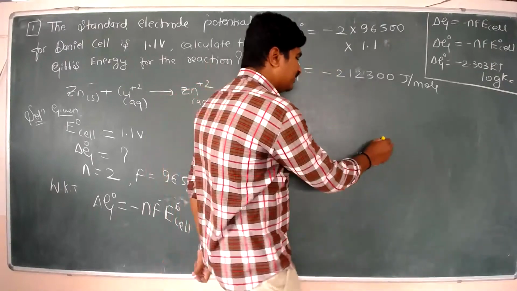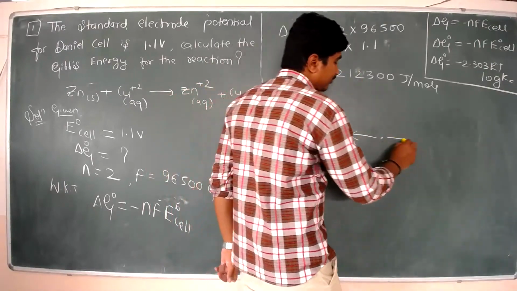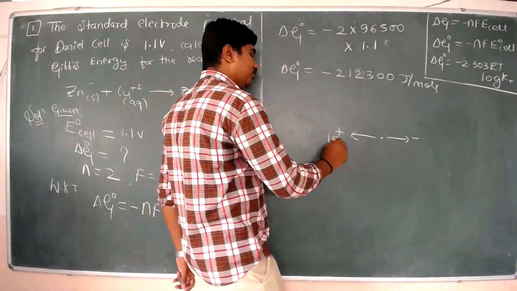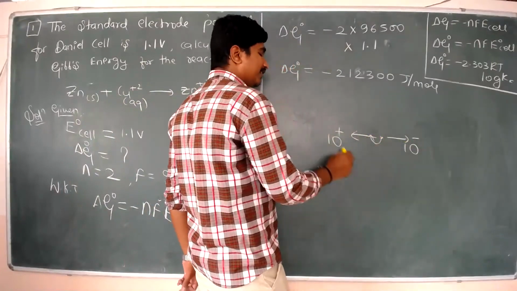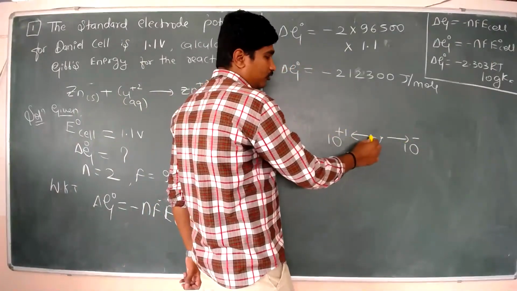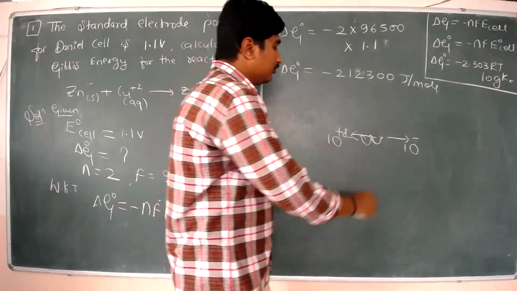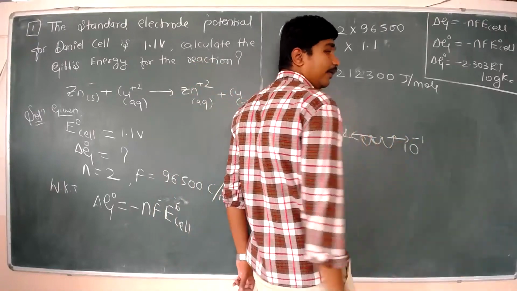When the decimal is shifted towards the left side, it will be 10 to the power plus. When shifted towards the right side, it will be 10 to the power minus. If you shift only one digit towards the left, it will be 10 to the power plus 1. If you shift 2 digits towards the left, it will be 10 to the power plus 2. Towards the right side, if you shift the decimal only one digit, then it will be 10 to the power minus 1.